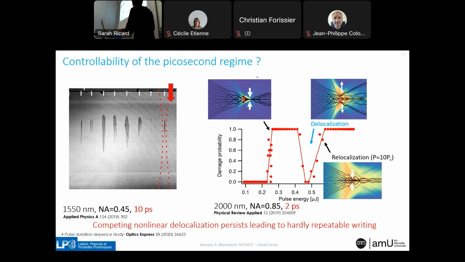But more surprisingly, we found in this experiment that if we keep increasing the energy, then we can return to 0. We have a strong delocalization of the light and then return to 100%. So for us, it was clear evidence that we are still strongly limited by nonlinear propagation effects. And this delocalization makes writing hardly repeatable.